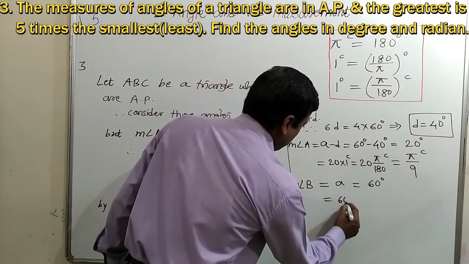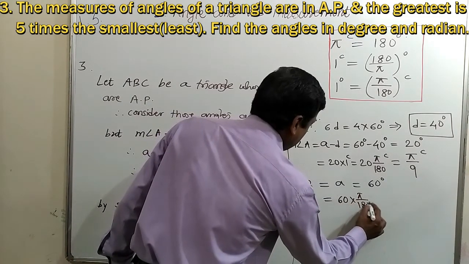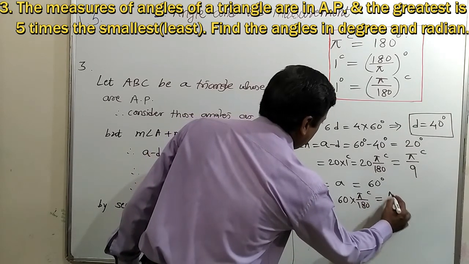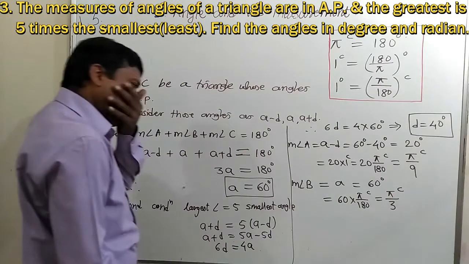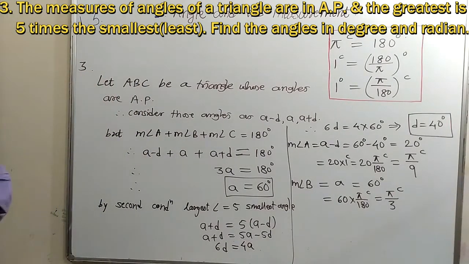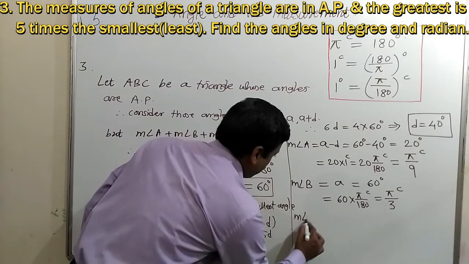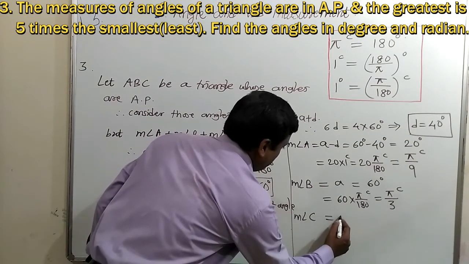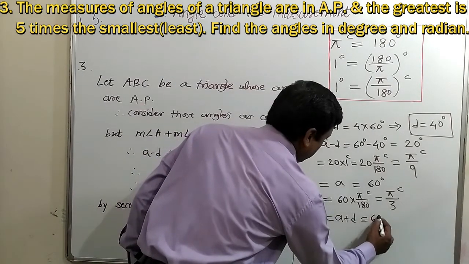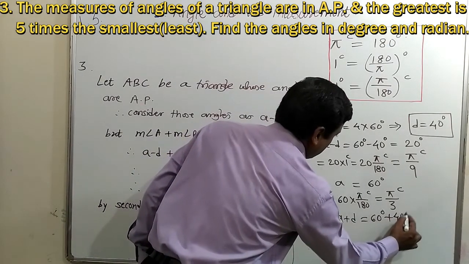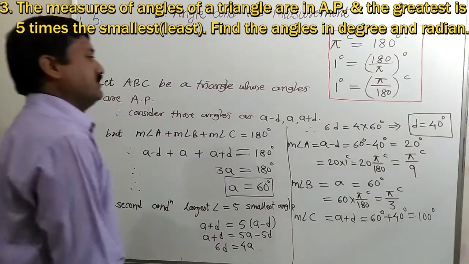Convert this 60 degrees into radian, that is 60 into pi by 180, which is equal to pi by 3 radian. That is our second angle. Then the last one, measure of angle C, it will be A plus B. A is 20, B is 60, so 20 plus 60, that is equal to 100 is wrong; as given, 60 plus 40, that is equal to 100.